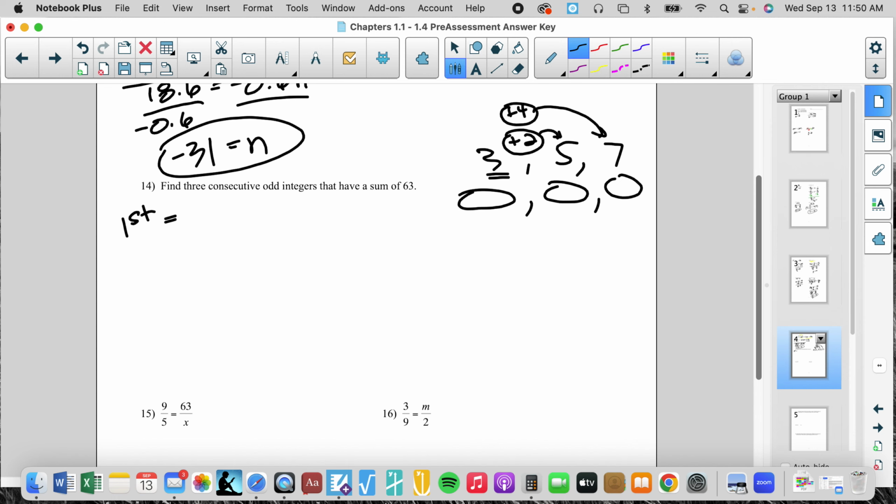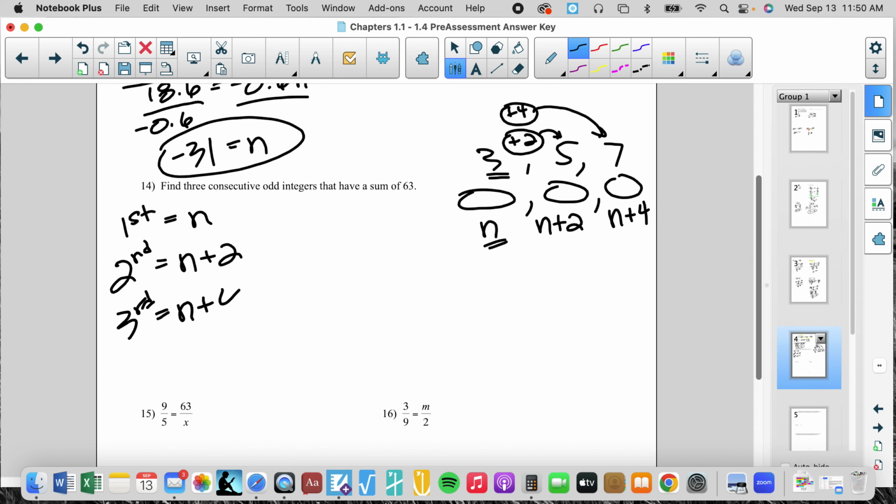So I don't know what my first number is. So I can give that n. And I know that my next odd number in the sequence is going to be plus 2 from my first unknown. And if I want to find the third number, it's going to be 4 away from my first number. So the first number is n, the second number is n plus 2, and the third number is going to be n plus 4.